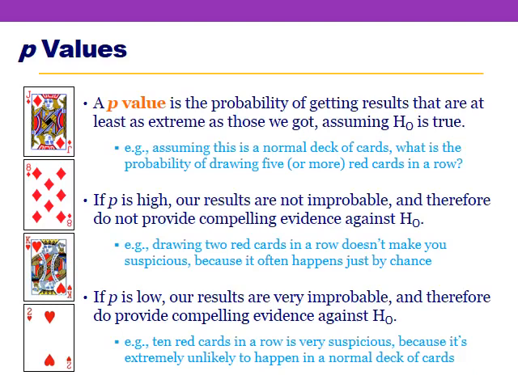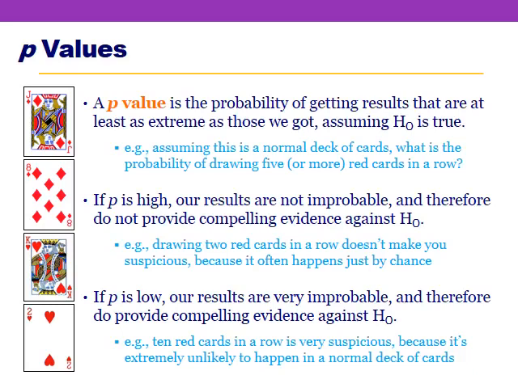It's very improbable. It's very unusual that that would happen if, in fact, this is a normal deck of cards. So once we draw 10 red cards in a row, you might be convinced at that point, this can't possibly be a normal deck of cards. Now, it could, but you know, it's very, very unlikely.